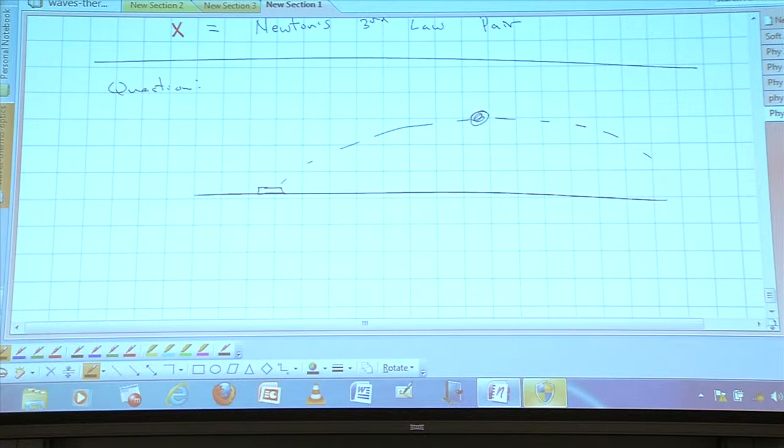The ball is right there, at the top of its trajectory, as it's heading toward its target. Okay, a baseball heading towards home plate. It's at the top of its trajectory.